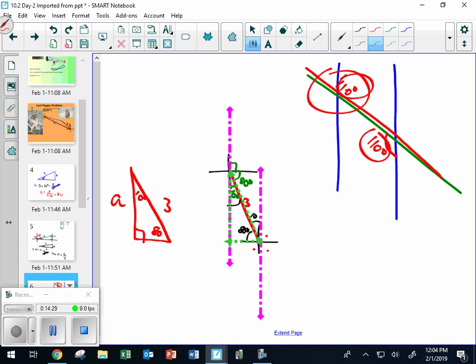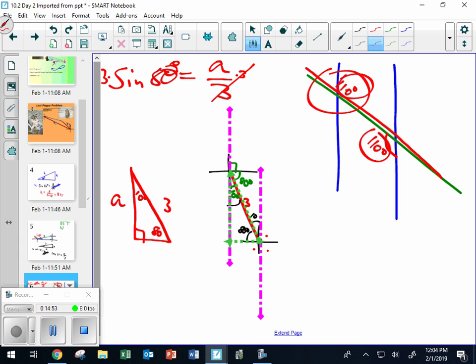And hopefully you solved for A and you got, let's see, I'm going to use the 80. You could have used the 10, but I'm going to use the 80. I'm going to use sine of 80 is equal to A over 3. And that way I can just multiply both sides by 3. And it cancels. A is equal to 3 times sine of 80.